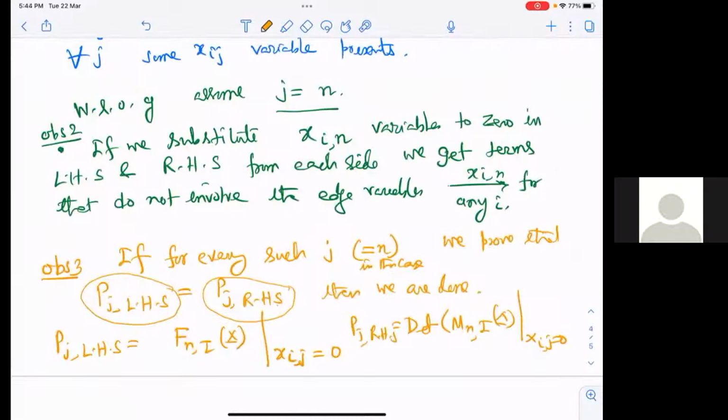The strategy is, it is enough to prove that for every j, this pj LHS and pj RHS are the same. I'll show you the proof for only a special choice of j, that is n. The proof for any other j is symmetric, the same.